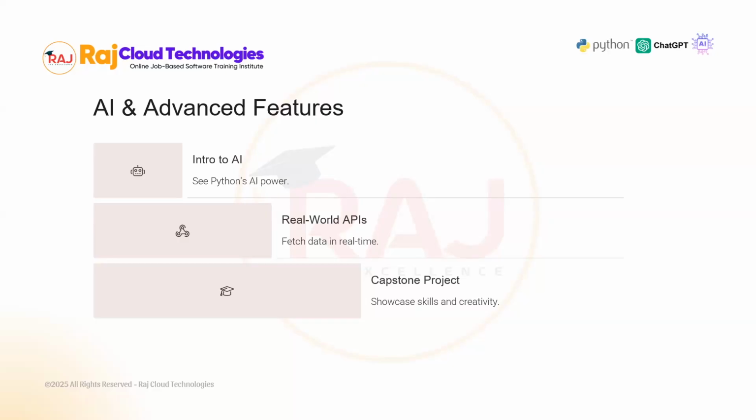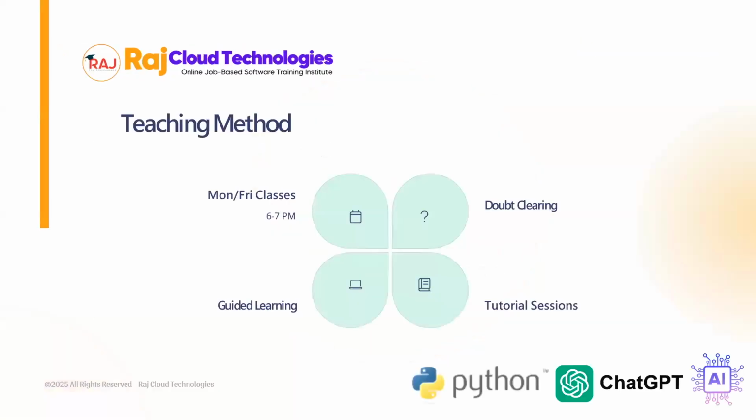That's what we call an API, application programming interface. That's the second part of the advanced features we will learn. Finally, we will do one capstone project where you can build your own project. We will help you build it, and you can show your creativity there.